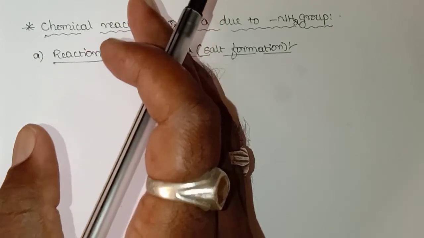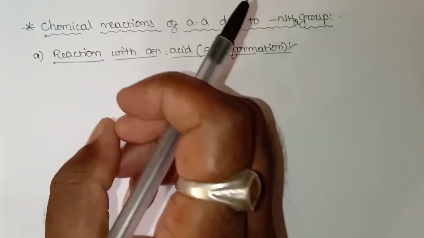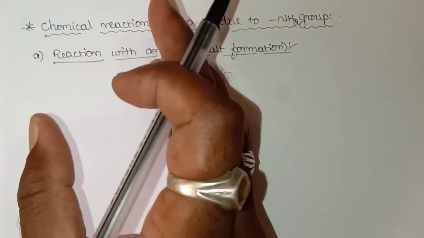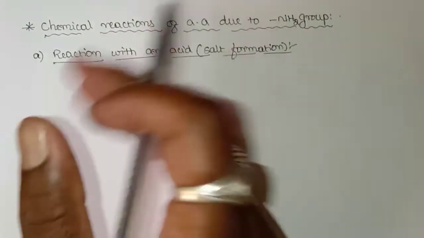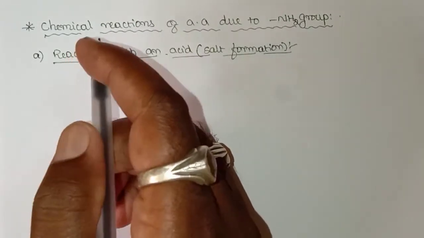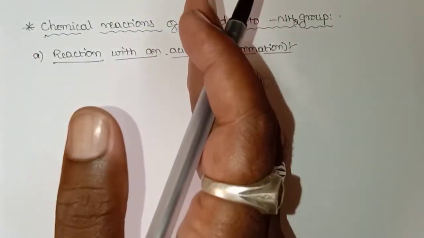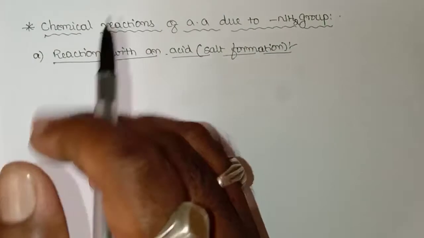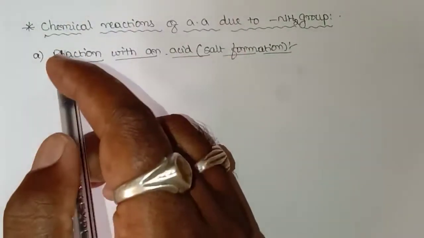Since amino acids are biomolecules which can readily undergo charring in the presence of strong oxidizing agents such as nitric acid and sulfuric acid, we are not going to use them. Instead, we use only hydrochloric acid.